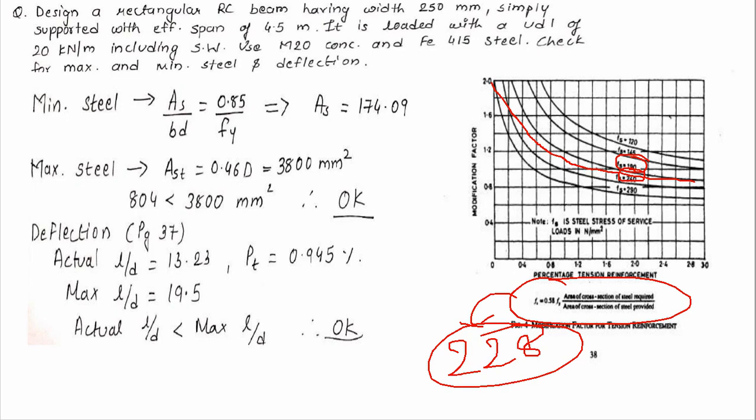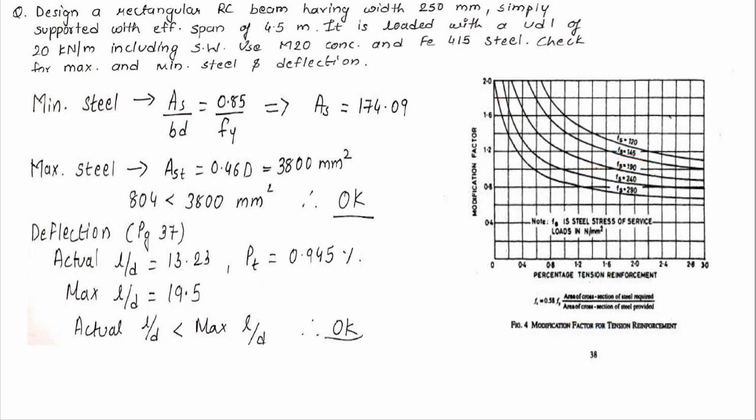That is somewhat difficult, so we are always using the higher method, or we are always using the curve of higher value. That means if we are getting an answer of 228, we can't use the curve 190, so we are using directly the curve 240 to solve this question.